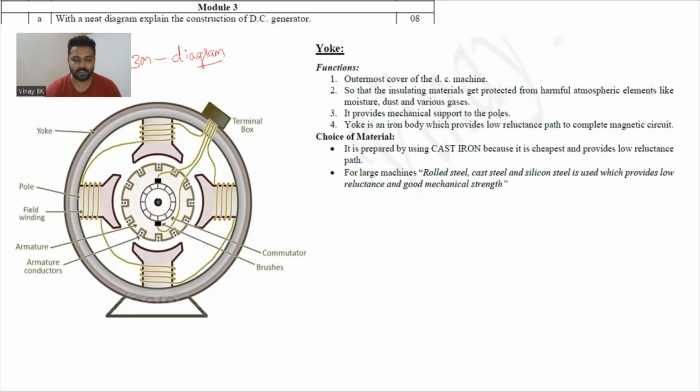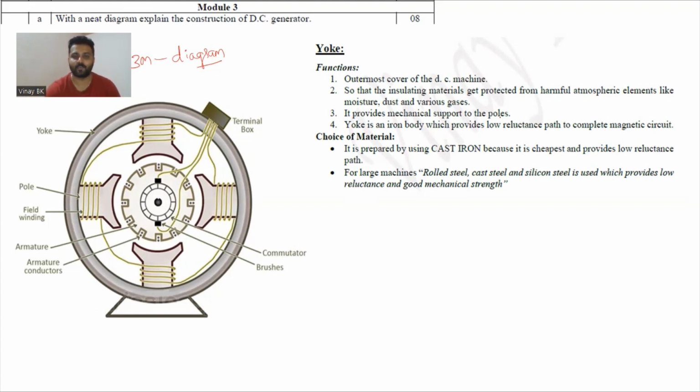If you have a low reluctance path, it provides the maximum area of cross section for the flux. For large machines, rolled steel, cast steel, and silicon steel are used, which again provide low reluctance and good mechanical strength to the machine.